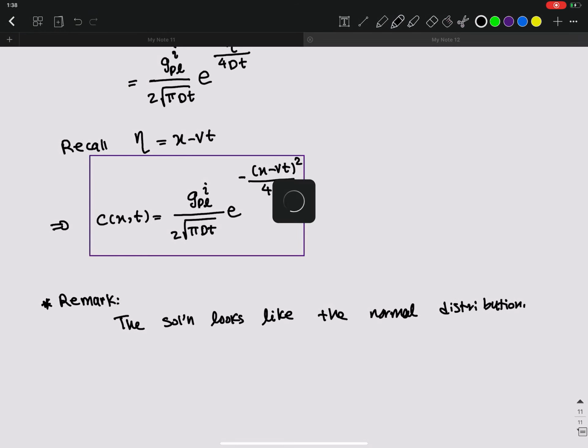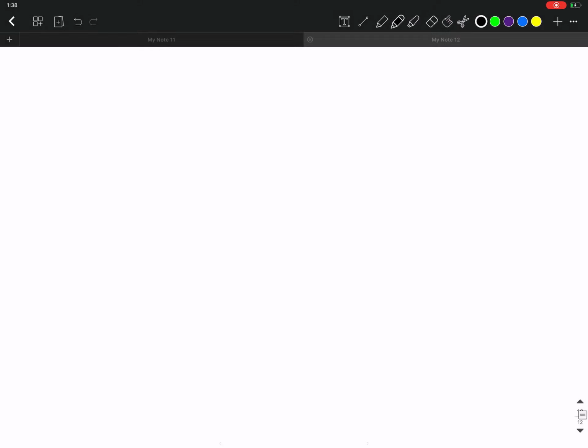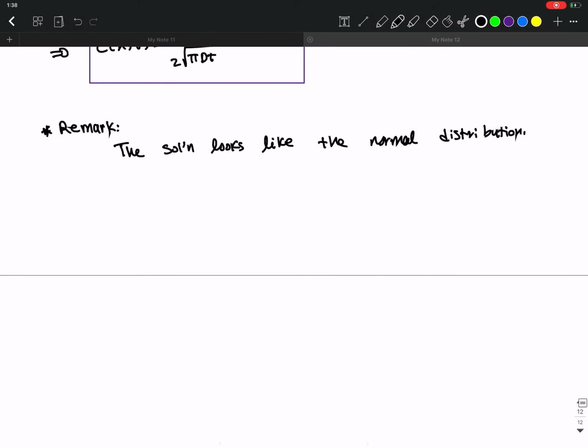Let me add one more page. So the normal distribution is defined as 1 over sigma square root of 2 pi. This is from your statistics or probability course.